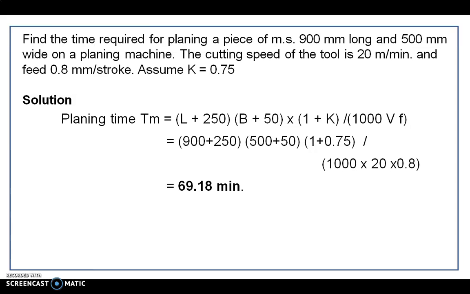K is given directly as 0.75. V is 20 meters per minute, and feed is 0.8 millimeter per stroke. If it is not given in strokes, you need to find it in terms of strokes. It works out to be 69.18 minutes.